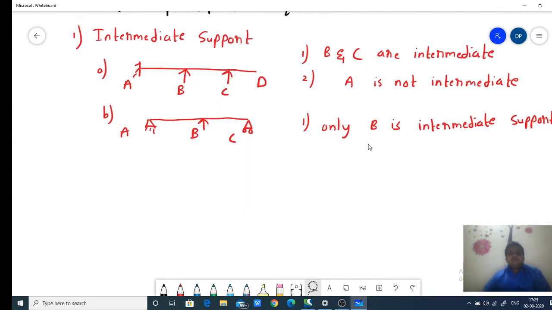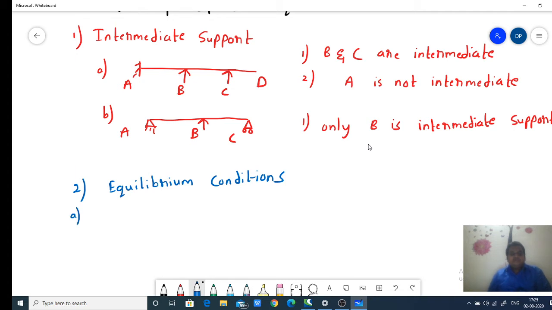Now after intermediate support, the second one I am considering is your equilibrium conditions. Now how to apply equilibrium conditions? Here you need to remember 2 points.